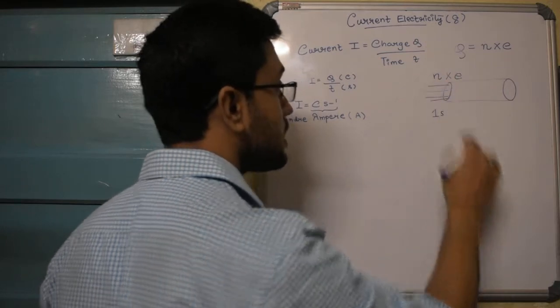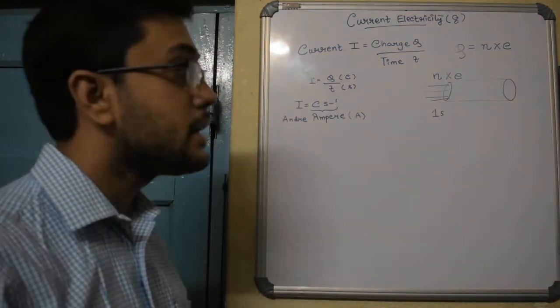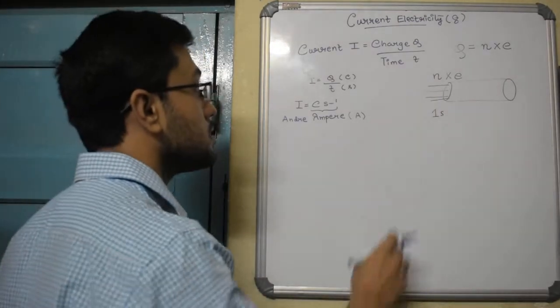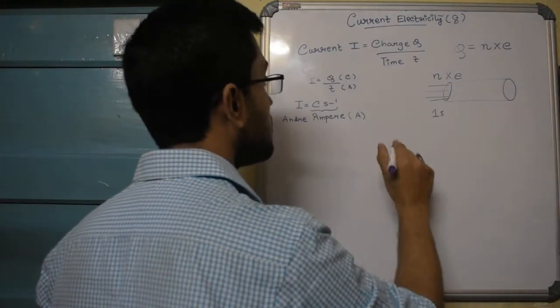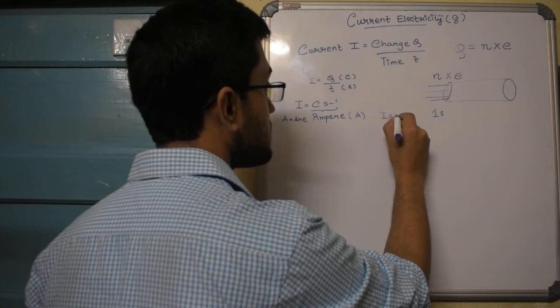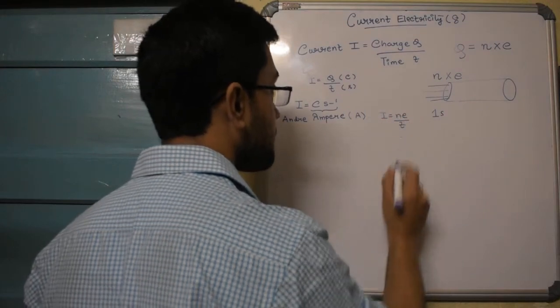Then the total charge flowing per unit time through this cross section is n into e. So therefore the current I can also be written as n into e divided by t.